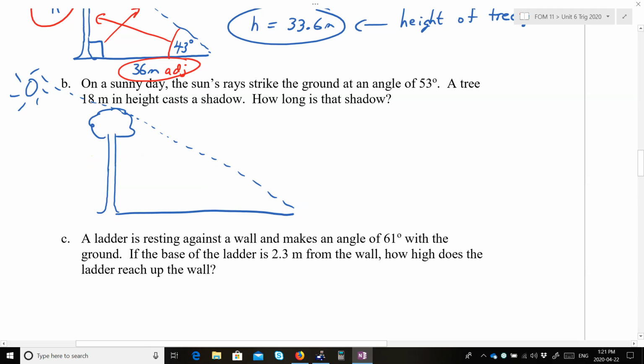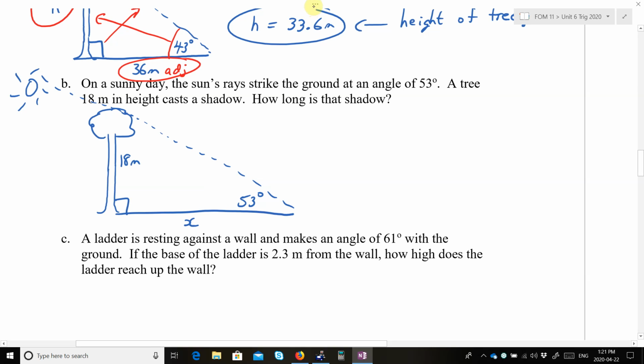Okay, and the tree is 18 meters in height. There's our 90 degrees. The sun's rays strike the ground at an angle of 53 degrees. And how long is the shadow? So we want to know, hey, what's this x length right here of the shadow?